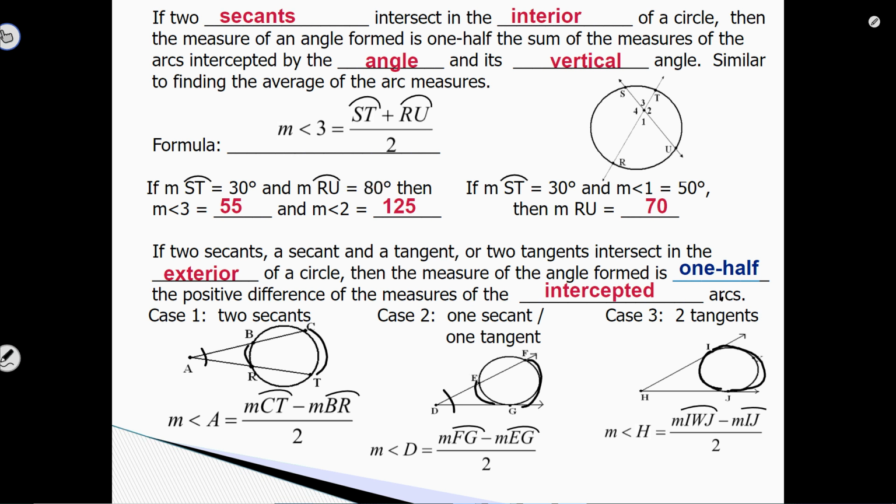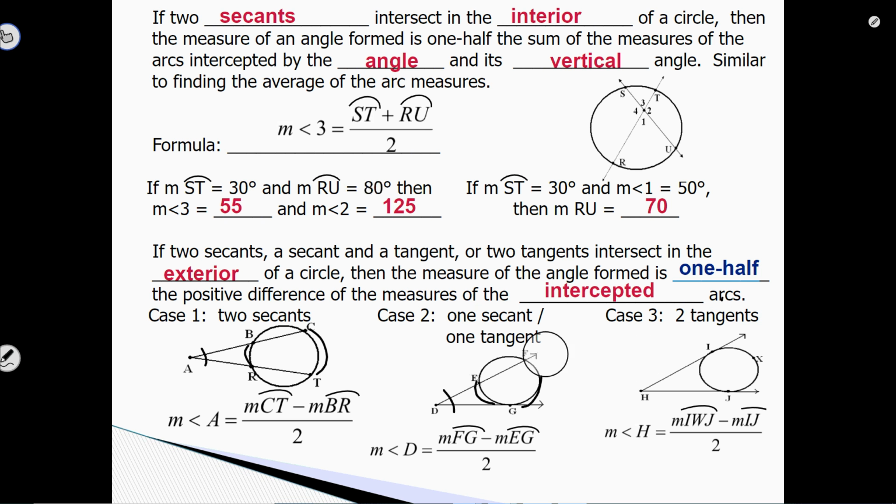This should say IXJ. And then the measure of the minor arc is just IJ. And again, you divide by 2 to find the measure of this angle out here. Okay. So same rule no matter what kind of lines you have. 2 secants, 2 tangents, or a secant and a tangent.